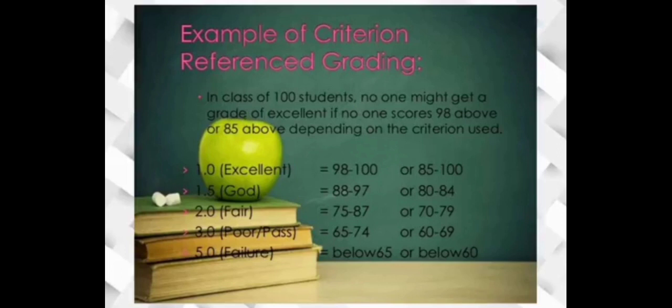Say for instance, 1.0 or excellent is equal to 98 to 100 or 85 to 100. 1.5 or good is equal to 88 to 97 or 80 to 84. 2 or fair is equal to 75 to 87 or 70 to 79, while 3 or poor or pass is equal to 65 to 74 or 60 to 69.